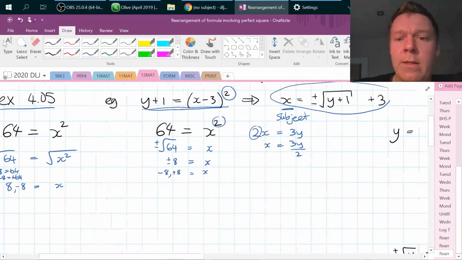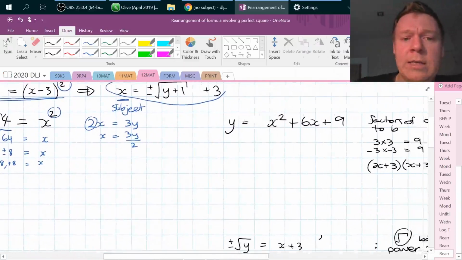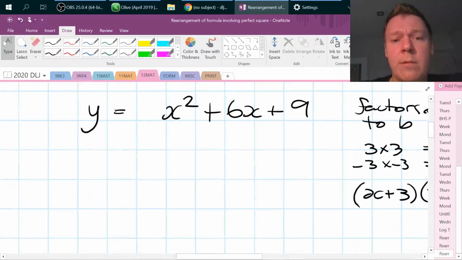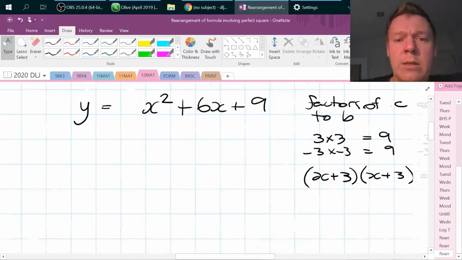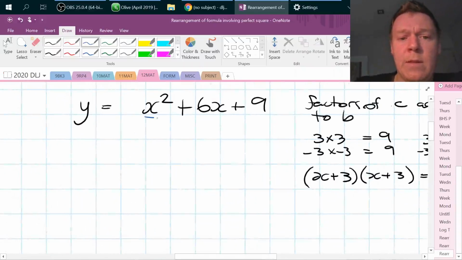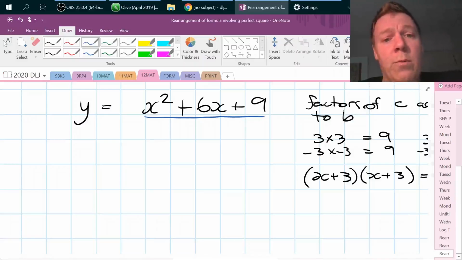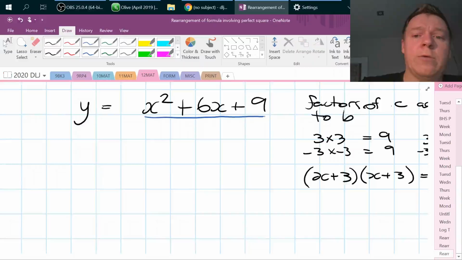So the other thing that we need to understand before we start these problems is back to our Year 10 quadratics. So this here is a quadratic that can be factorized, but it's actually a special quadratic because it ends up being what's called a perfect square. I'll show you how that works.